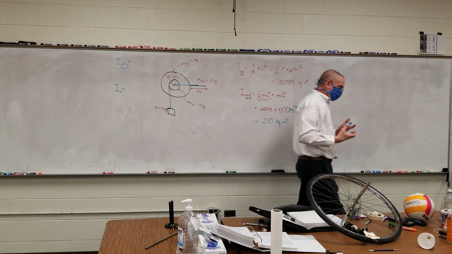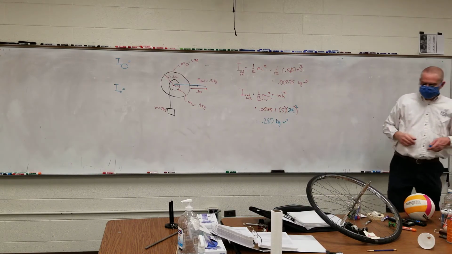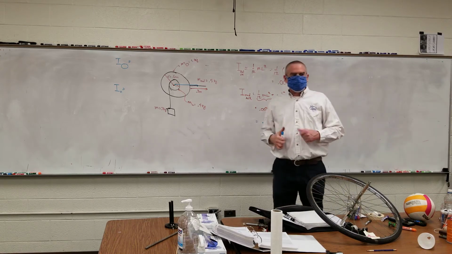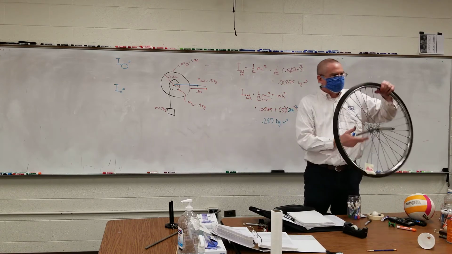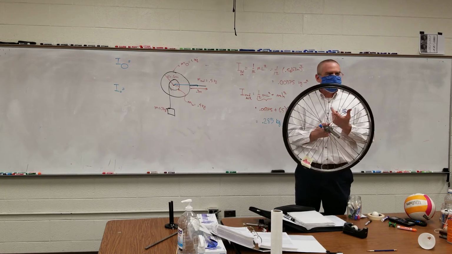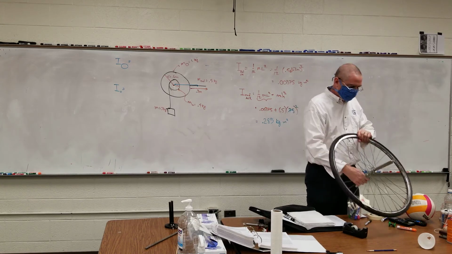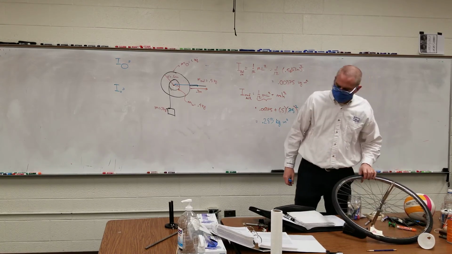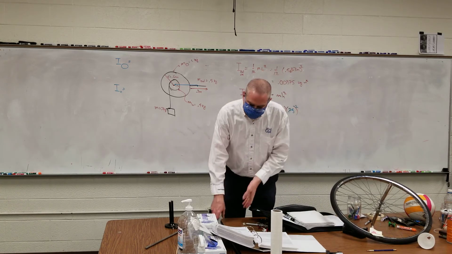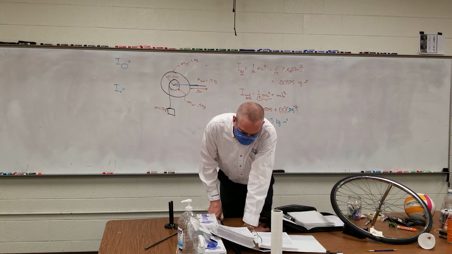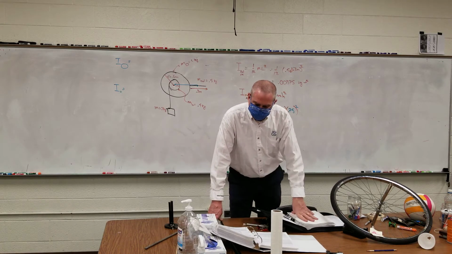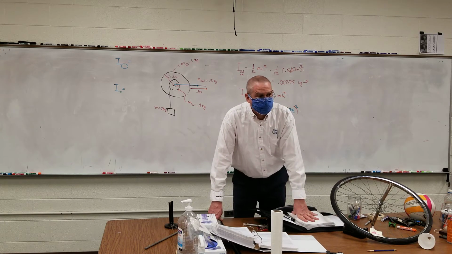At this point, I need to give you a little more information. I am considering them as discs as opposed to a spoked wheel or something like that. So, what is the moment of inertia of a disc? Well, I come over to page 330, and they tell me the moment of inertia of a hoop about the cylinder axis.